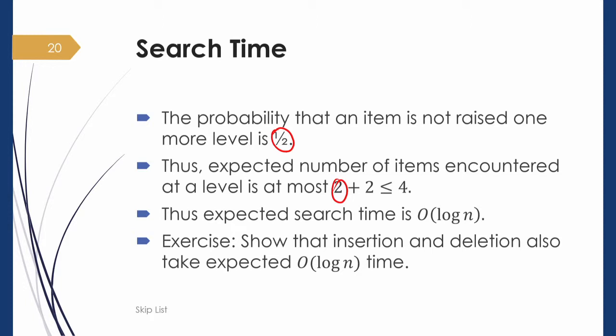The probability that an item is not raised to the subsequent higher level is exactly a half. So, when we step down into a level, that particular item is represented in the next level, and if we overshoot, then we may encounter an item that could potentially be present in the level above, but all the other items were not raised beyond that particular level.